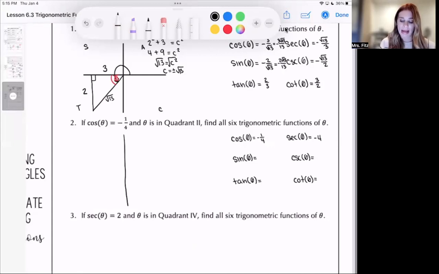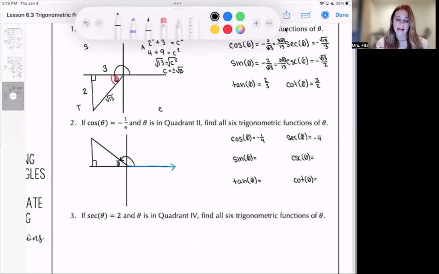So I'm going to draw my axes. We will start on our initial side. Remember, if we rotate, we're rotating into quadrant 2. So you'll get a reference triangle that looks something like this. All right, we have our reference angle right here. Cosine, it's 1/4, adjacent 1 over hypotenuse 4.